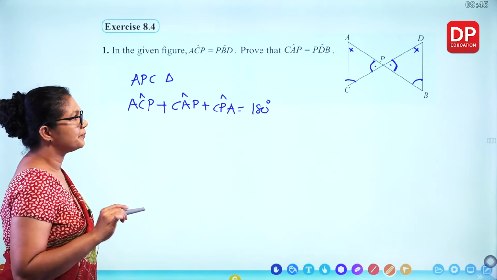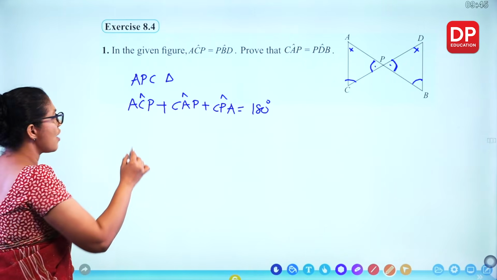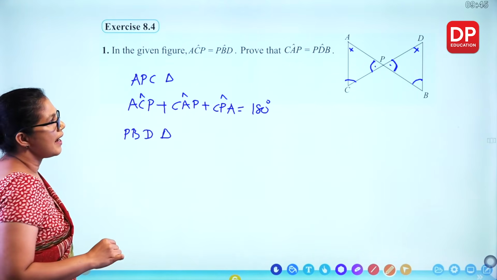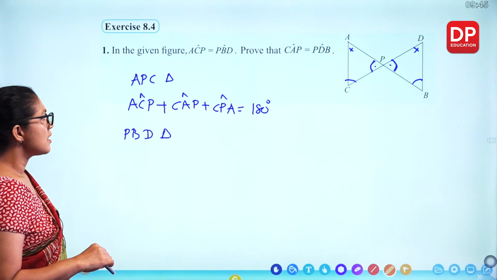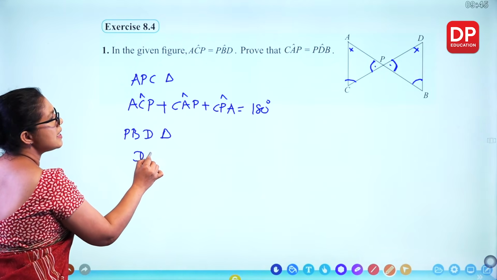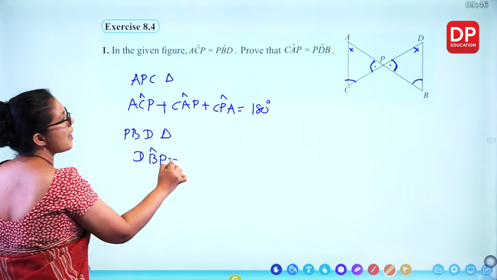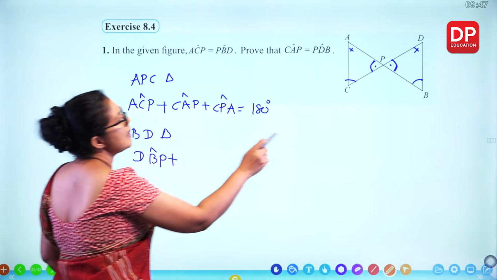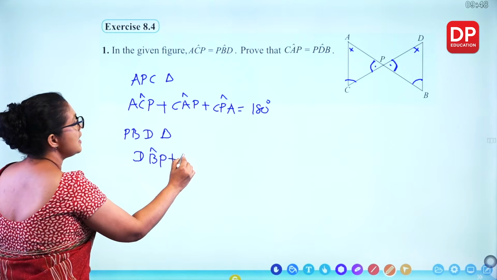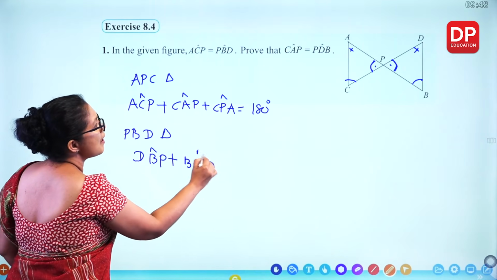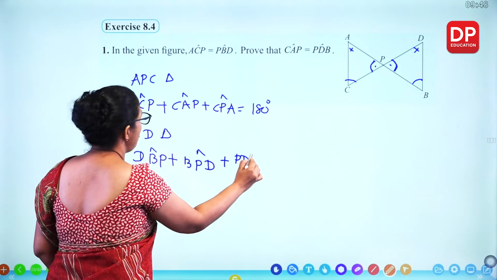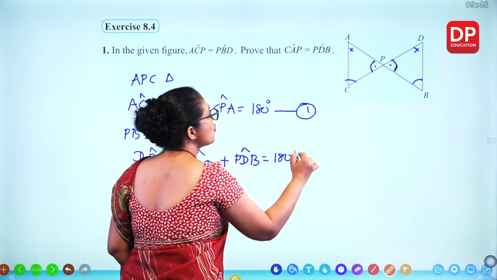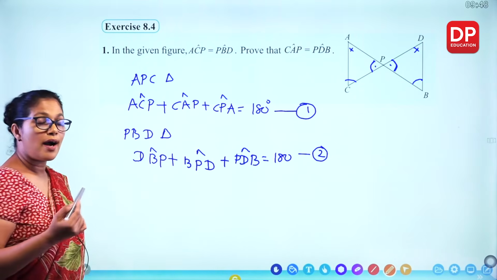And when you take PBD triangle, I can write down DBP angle plus BPD plus PDB is also 180. So when I compare these two, I can see these two are 180.